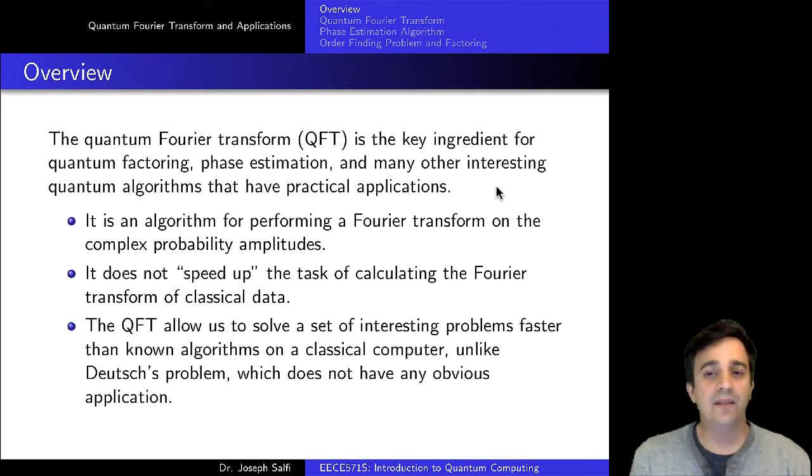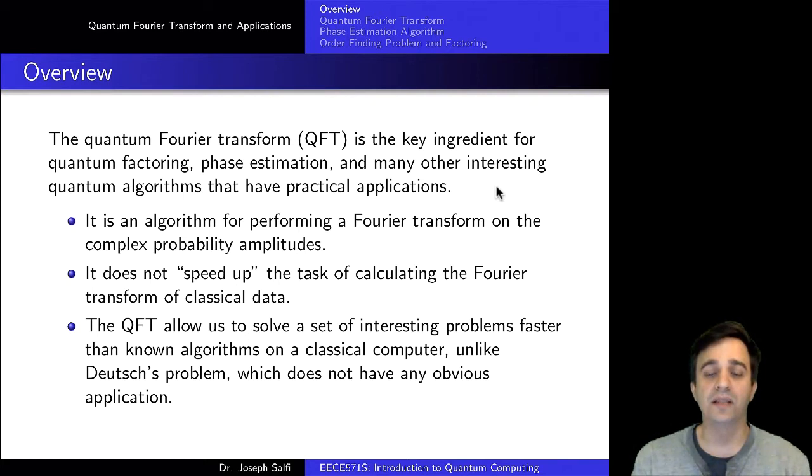Rather, instead of helping us to calculate the Fourier transform of classical data faster, the quantum Fourier transform allows us to solve a set of interesting problems faster than known algorithms on a classical computer. This is unlike Deutsch's problem that we looked at in the last section, because Deutsch's problem does not have any obvious real-world application.